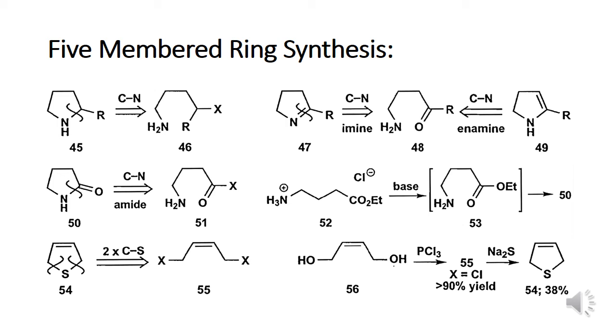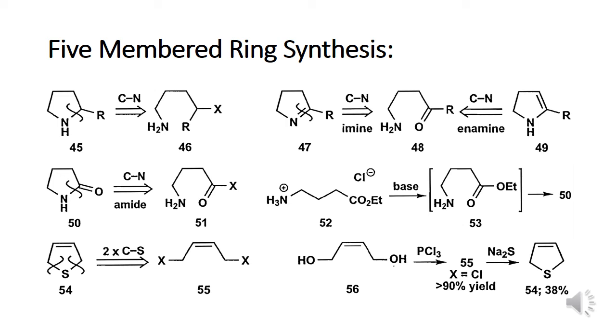Using a cyclic amine, we can give the example of a fully saturated ring, structure 45, which would come from an alkylation reaction of structure 46. So very simple. We have a leaving group X, and it gives us our target.